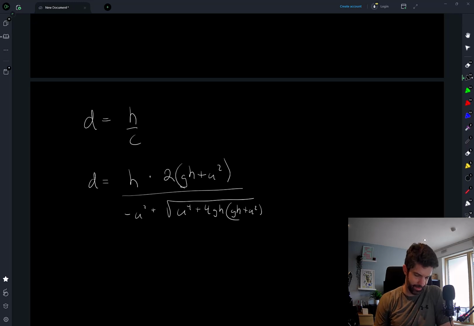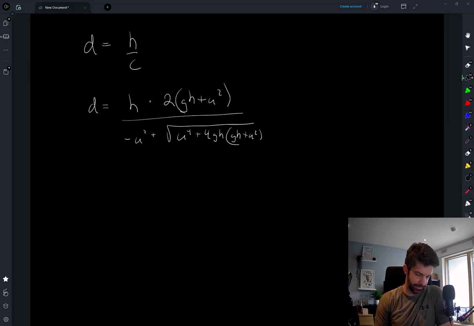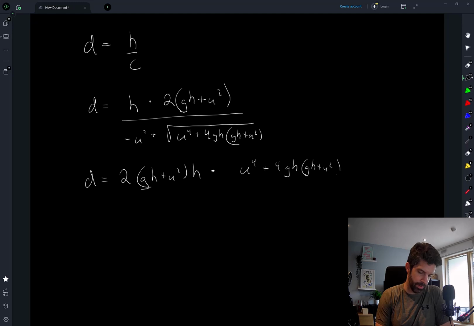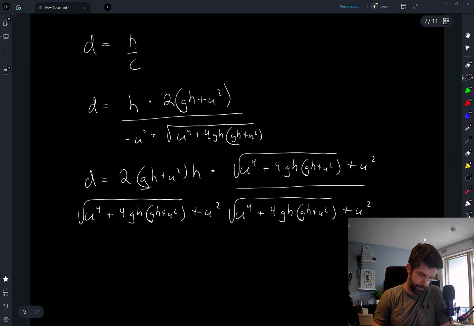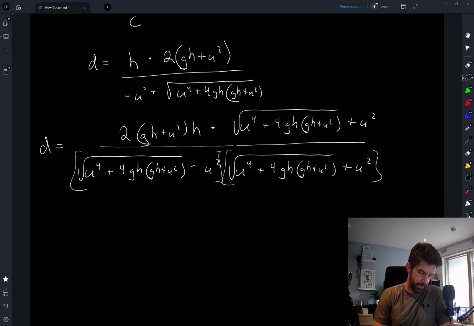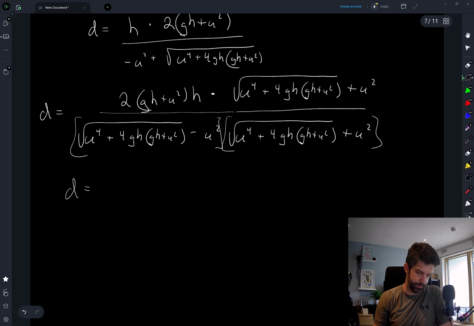Okay, let's multiply by u to the 4 plus 4gh plus u squared plus u squared. Okay. I don't see how this is going to simplify anything.